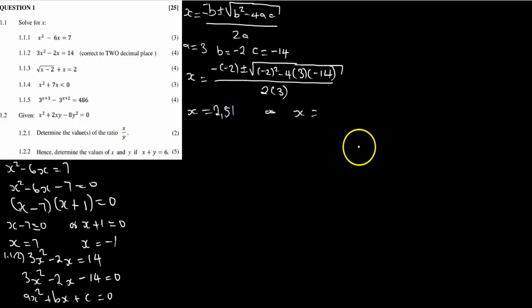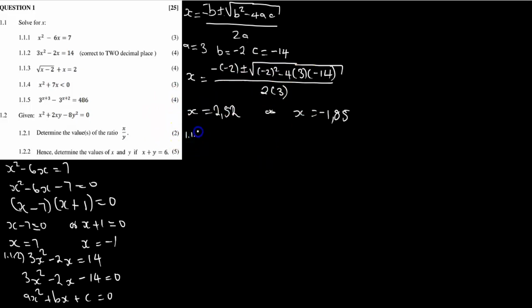This is rounded off to 2 decimal places. Oh, it's going to be 52, since after the 1 you've got a 9, so 2,52. And then the one with a negative gives us a value of negative 1,85. So the moment you see that, you do not hesitate, you just use the quadratic formula.